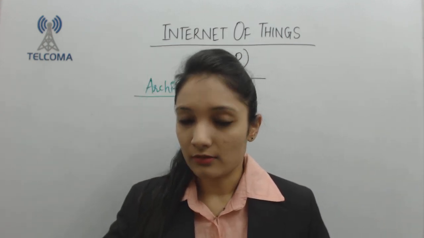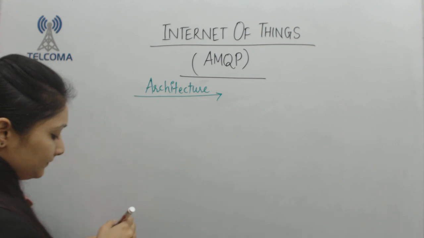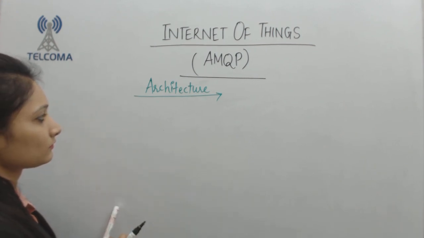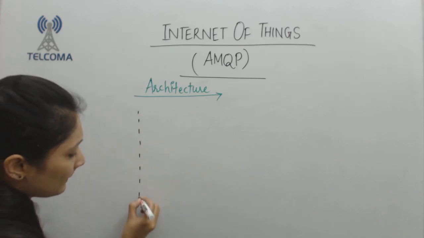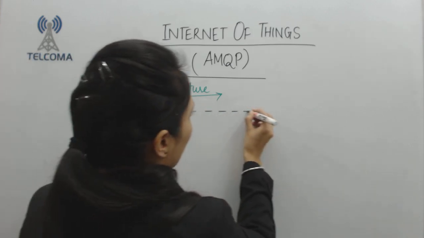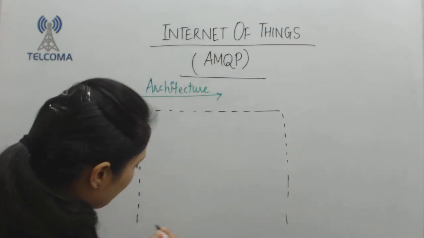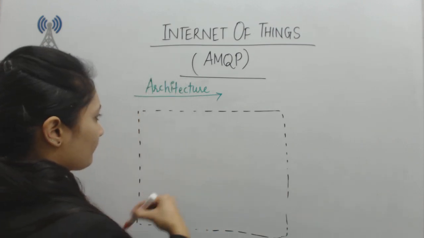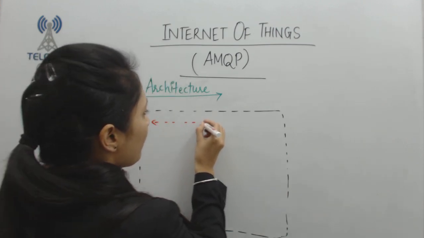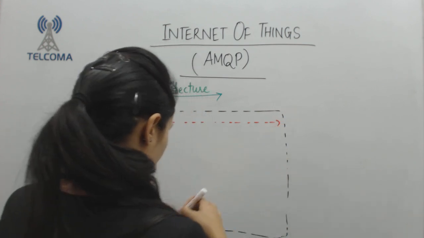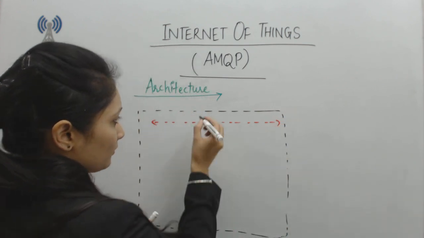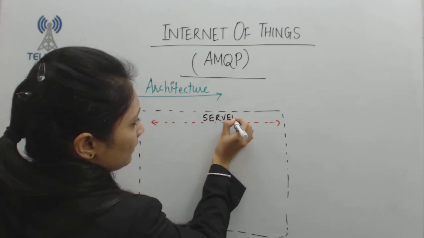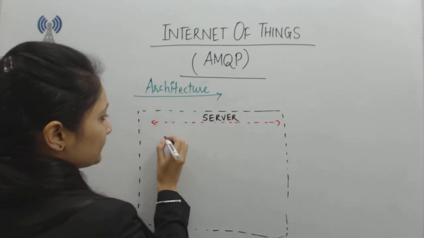So for architecture, in this architecture for AMQP, first of all, I have a server.